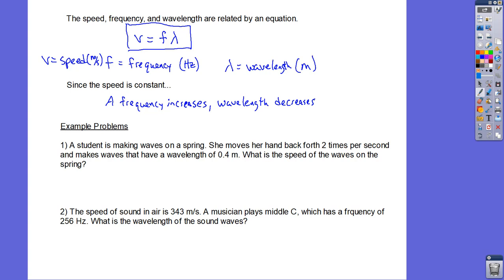So the fancy terminology for that is that they're inverses of each other. When one goes up, the other goes down. Okay, so we can use this formula.